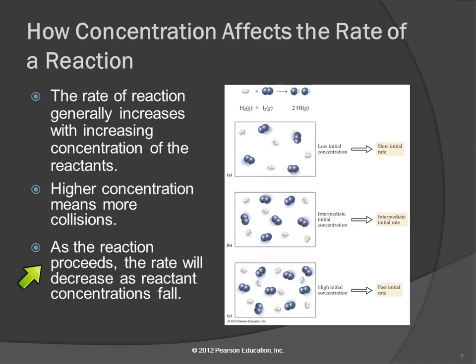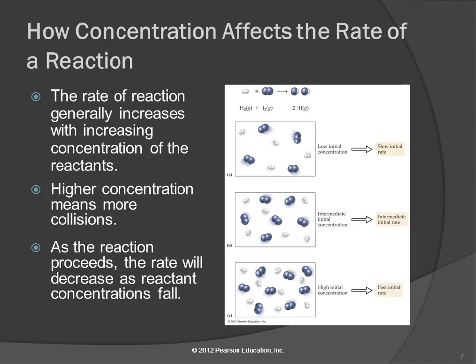As the reaction proceeds, though, the rate is going to decrease because the reactant concentrations are going to fall. As these reactants react, they form the products, these guys, and then they're no longer available as reactants. So what happens?